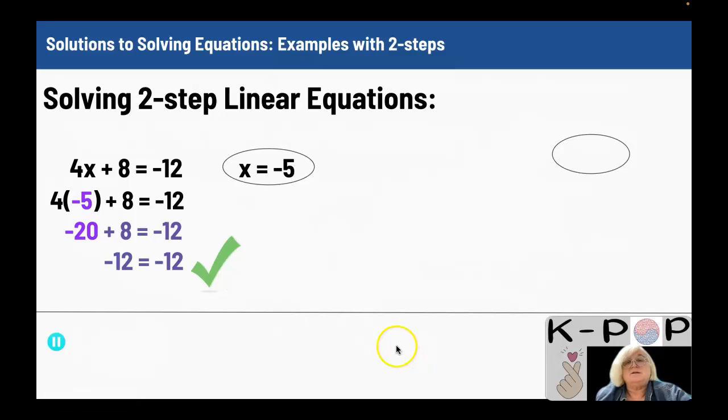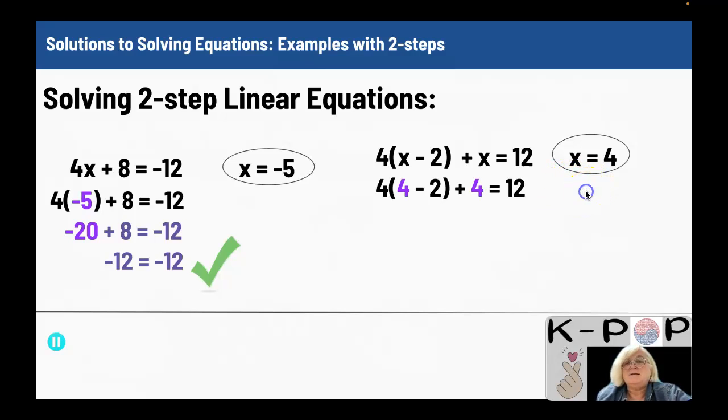My solution is correct. We went a little bit further in solving two-step equations where we had to simplify first on one side. So in this one, we had 4 times the quantity x minus 2 plus x equals 12. We came up with x equals 4.